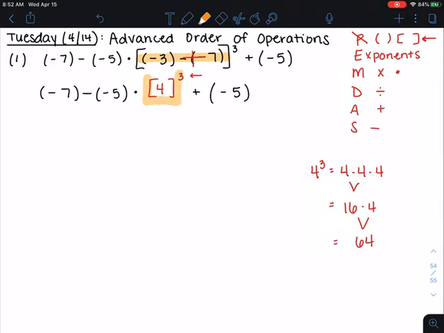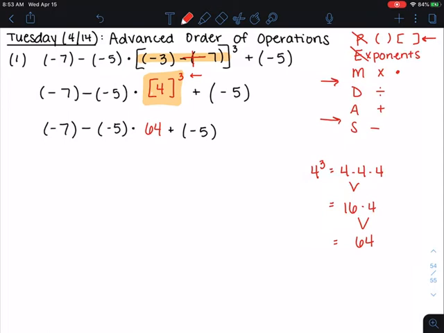Okay, 64. Sorry, I double checked that. Alrighty, so now it's saying that this is 64. So I'm going to go ahead and write that as 64 plus -5 times. Alright, so you see how I worked my way down. So this whole thing here is equal to 64.